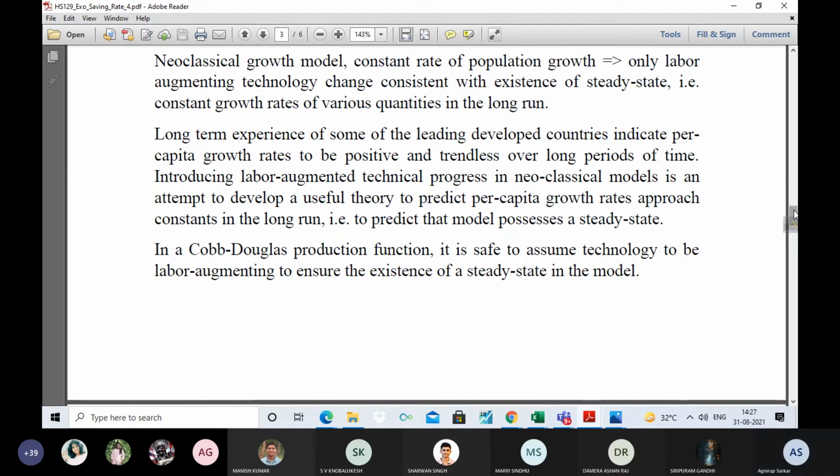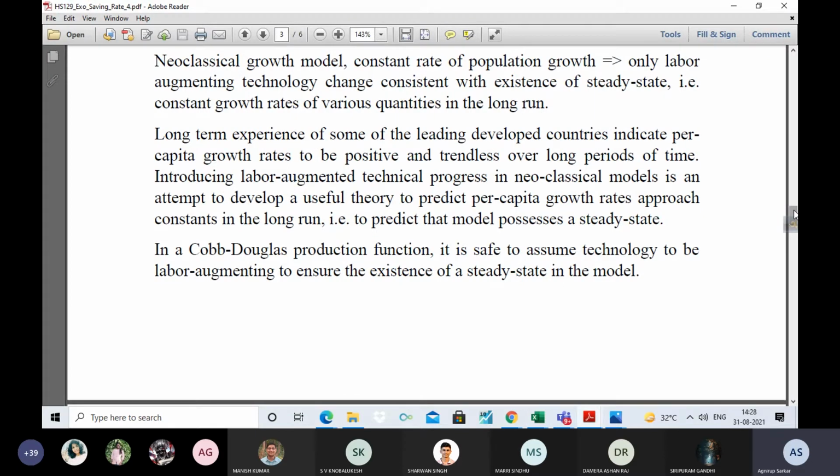However, one reason to stick with the simpler framework that possesses a steady state, that is a constant growth rate in the long run, is because the long-term experiences of countries such as USA and Germany and some other developed countries indicate that per capita growth rates can be positive and trendless over long periods of time.